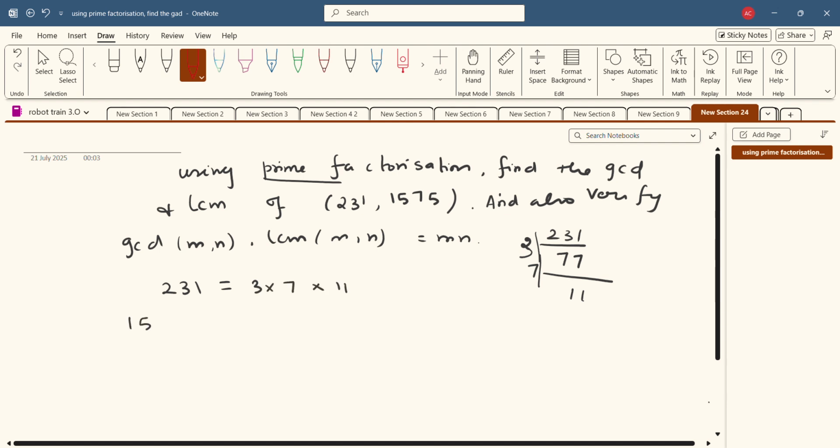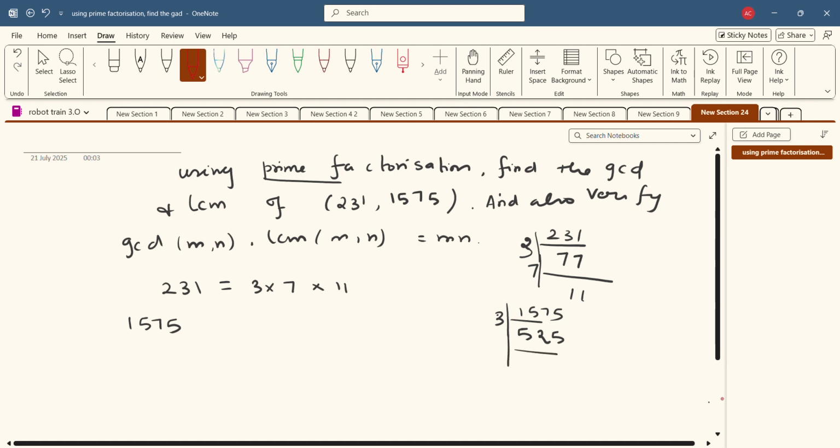Similarly, you can write 1575 in prime factors. Start with the least prime number 2. It is not possible. 3 is possible. 1575 divided by 3 is 525.